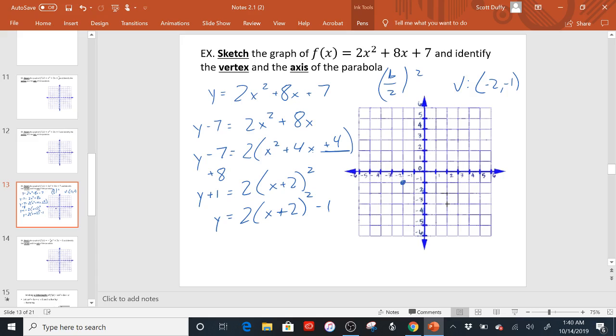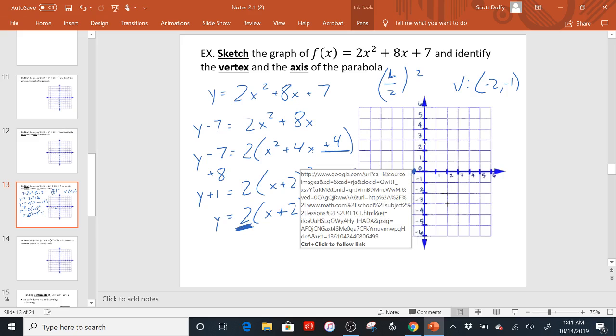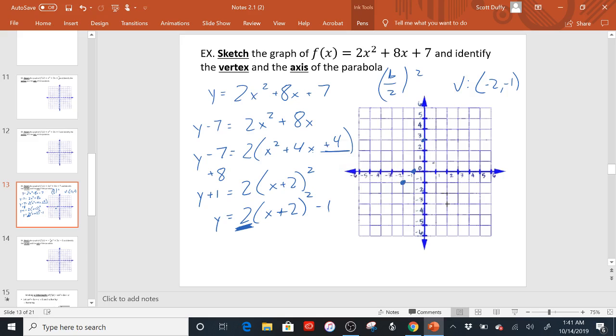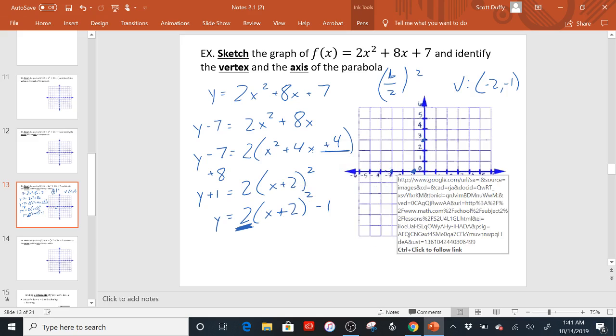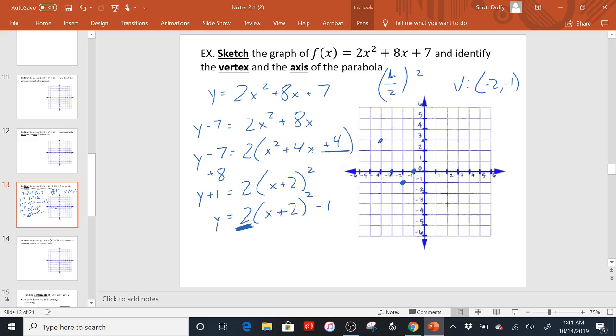And then, if you need to, make a table of values, but you have to realize that this 2 out here multiplies it, vertically stretches it. So while it would originally look like this, go to the left 1, up 1, go to the left 2, up 4, it's actually multiplying how far up it goes by 2.